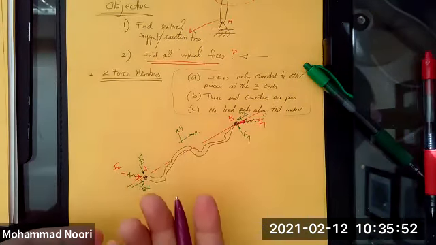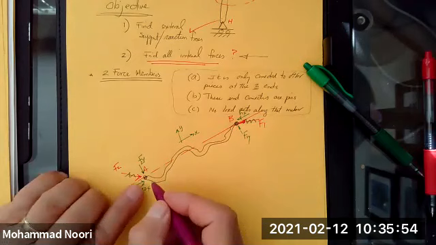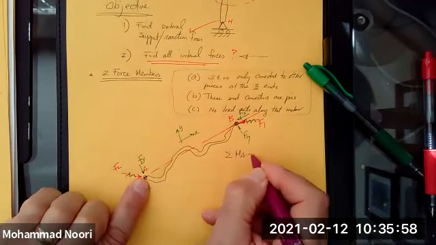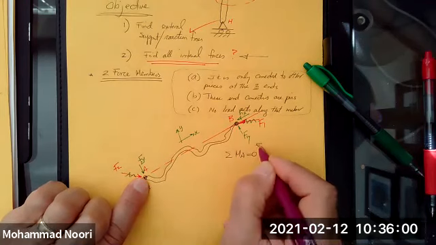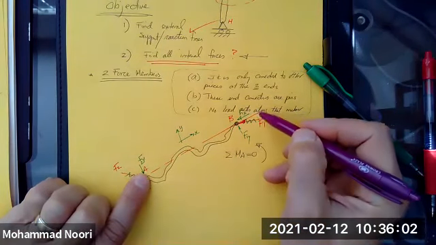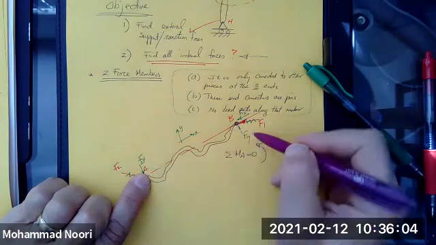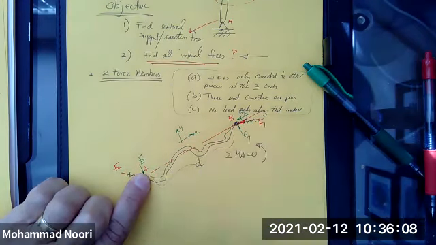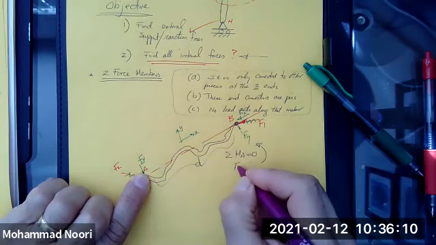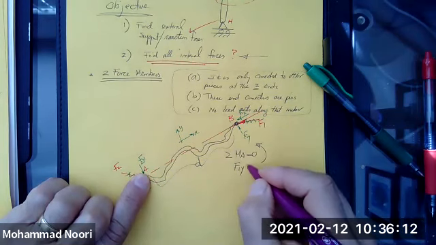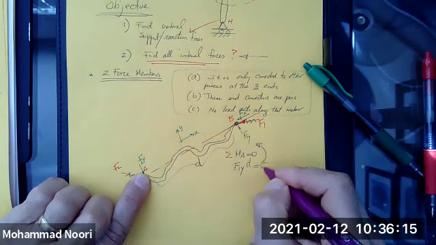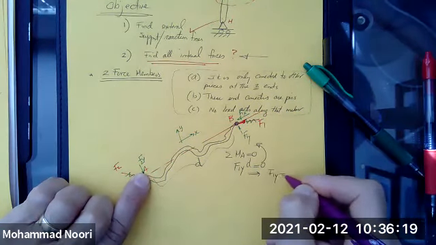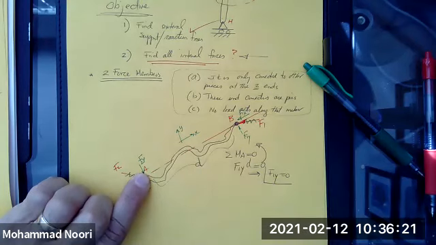So I want to solve for these unknowns. I will take summation of moments about A equal to 0. If I do that, what happens? This force goes through A, so I have only this one. So if this vertical distance is D, this equation leads to F1y times D equal to 0, which means F1y has to be 0, right?